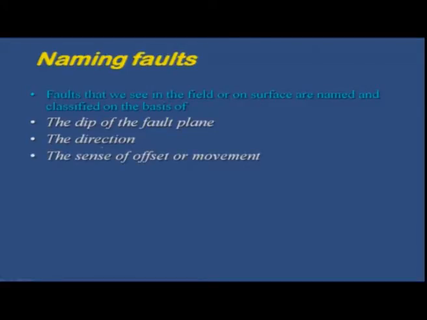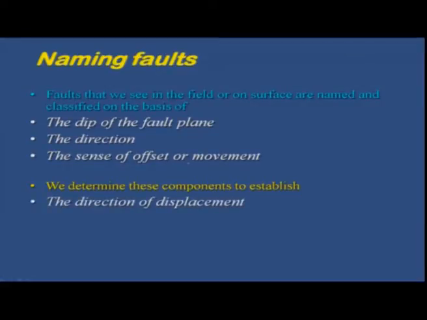Then we talk about the sense of offset, whether the block has moved up or down, or whether the blocks have passed by each other laterally. With this we establish mainly the direction of displacement, in which direction the fault moved.